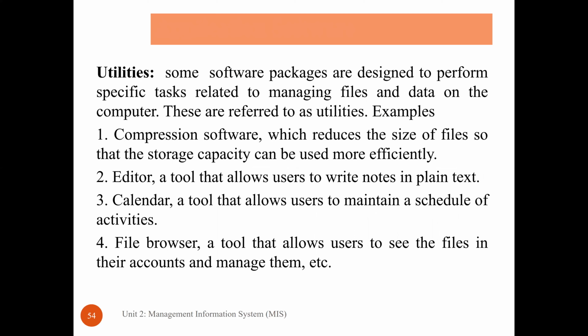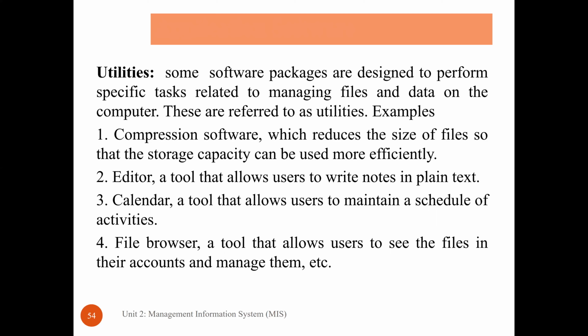The next one is utilities. Utilities are software packages designed to perform specific tasks, related to managing the files and the data on the computer. What type of utilities are provided? See the examples. Compression software, which is used to reduce the file size.